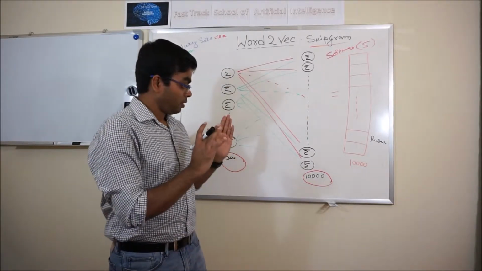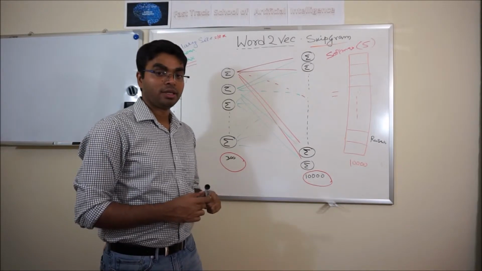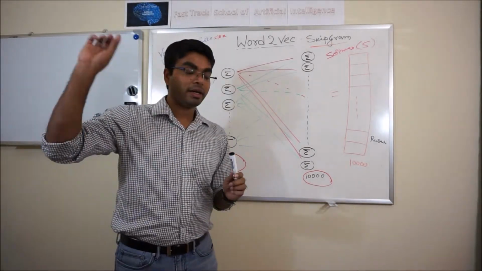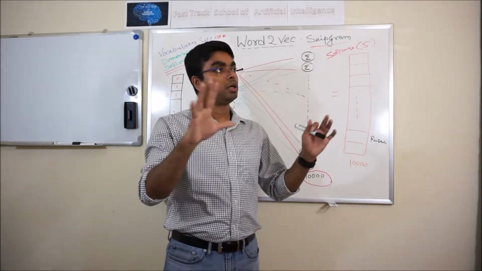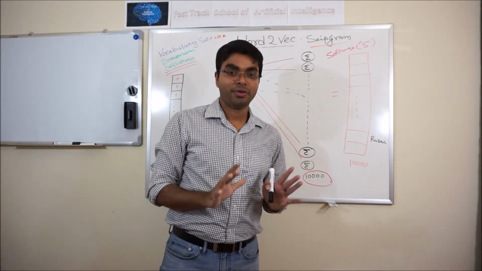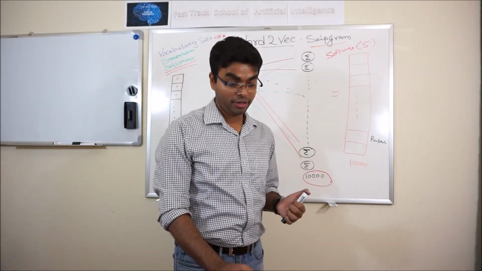Interestingly, the weights of the hidden layer are basically the higher dimensional representations of those words in a 300 dimensional space. That is what in other terms they call word embeddings.